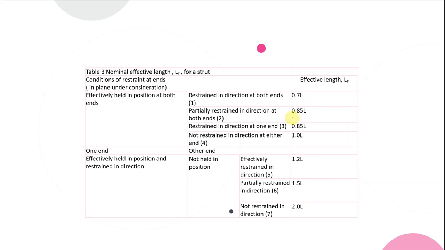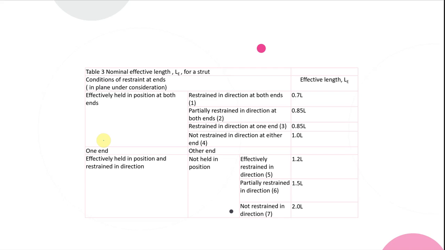Factor ni 0.7, 0.85 and so on. And how we get this factor, it always depends on the end support of the column. Macam mana end support dia, whether it fixed, whether it partially restrained and so on. Depends on it, whether it's spin and such lah.